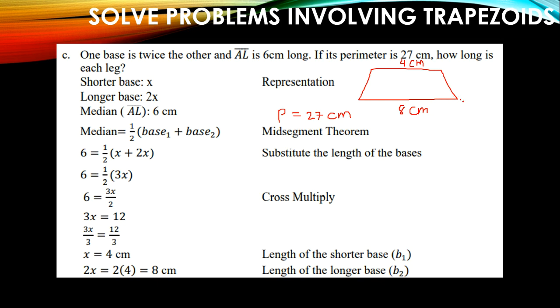So let's put indicators to show that they are congruent. Let's assume a variable which is y: y for the left, y also for the right.